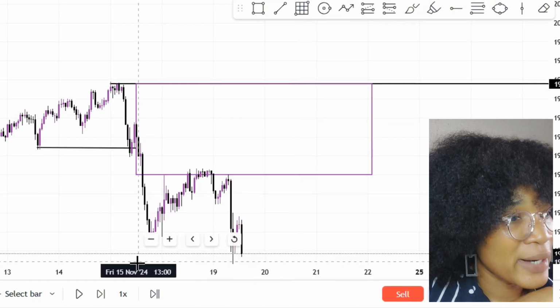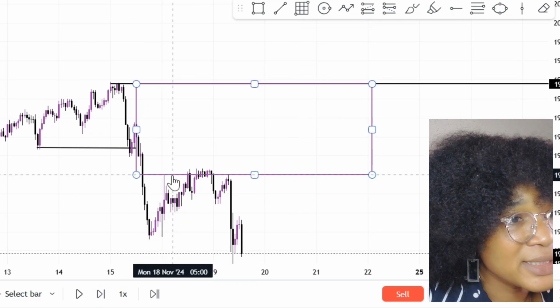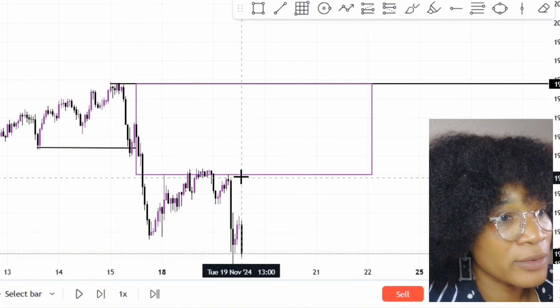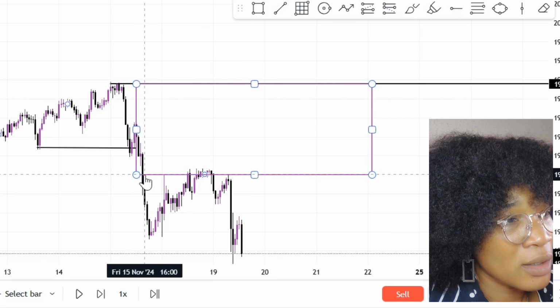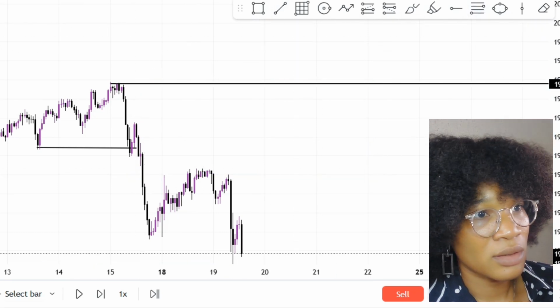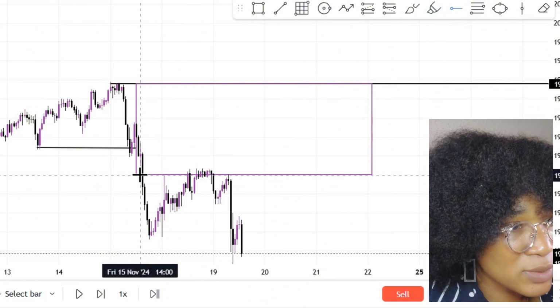So let's see what price does. Okay, so now what do I do? Let's take away the rectangle and use a horizontal ray right here.